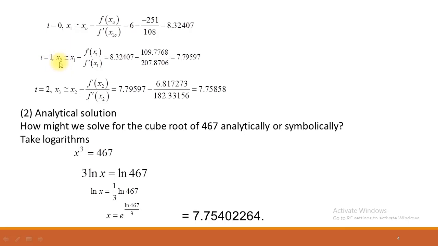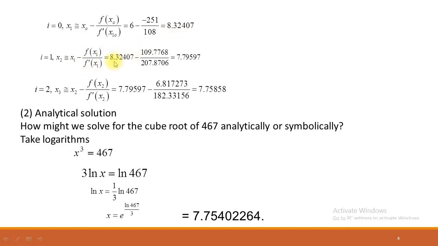Now for i equals 1 we obtain the next root, x2. x naught is the initial chosen value, x1 is 8.32407. So x2 equals x1 minus f of x1 divided by f dash of x1. First of all, evaluate the function and its derivative at x1, this value 8.32407.